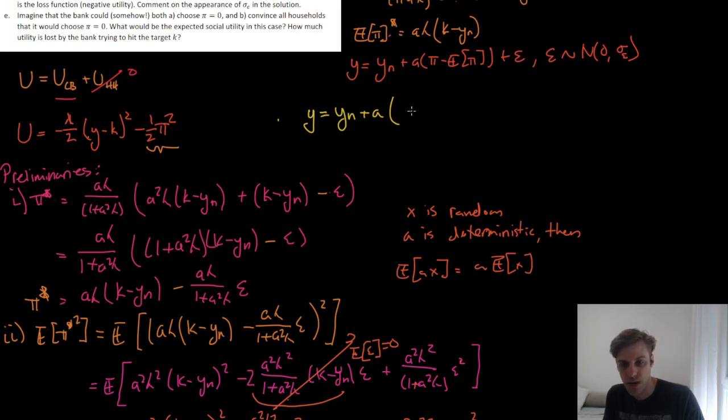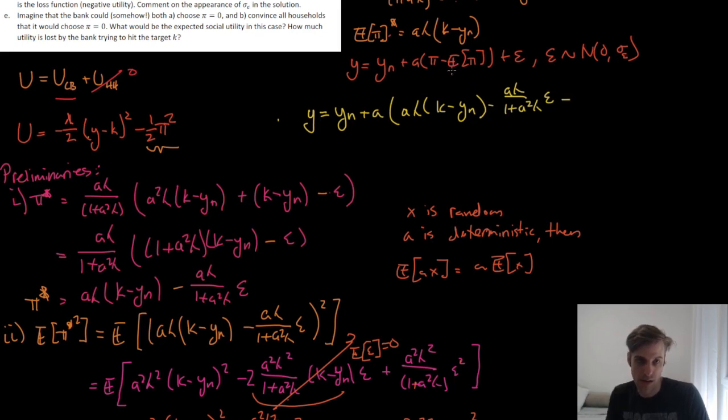So it's going to be a lambda k minus yn minus a lambda over 1 plus lambda squared a squared lambda epsilon. Now minus expected pi star, which is a lambda k minus yn, which already you see is quite nice.